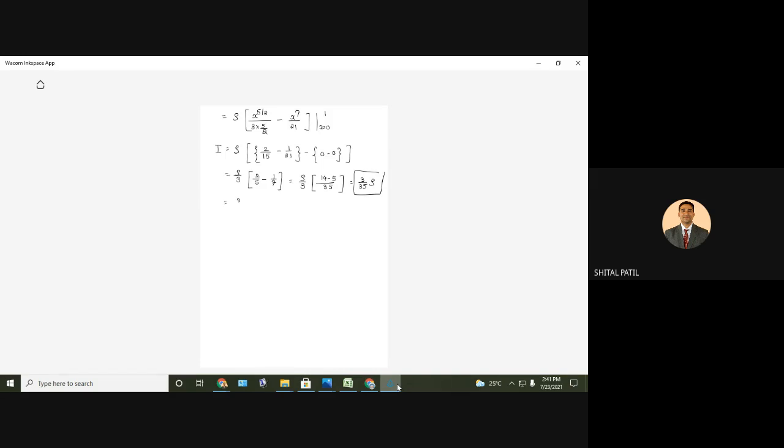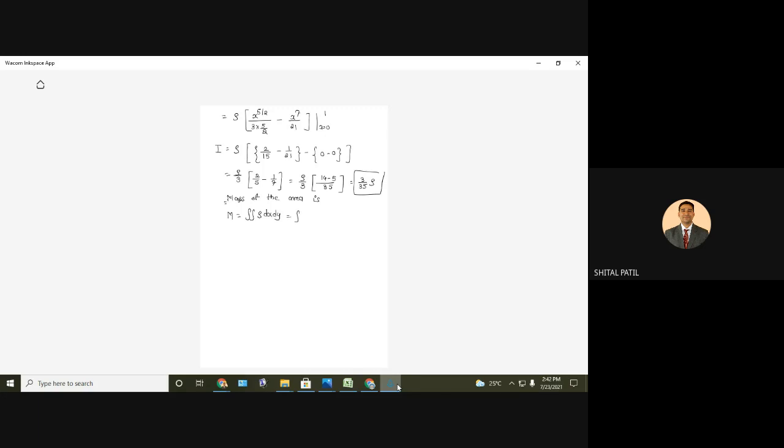Are you getting the answer up to this step? Yes, sir. Okay, now next. Mass of the area is m equal to double integration rho dx dy.